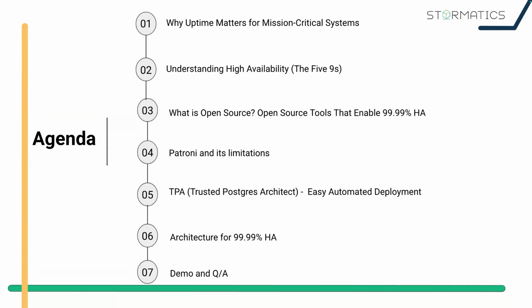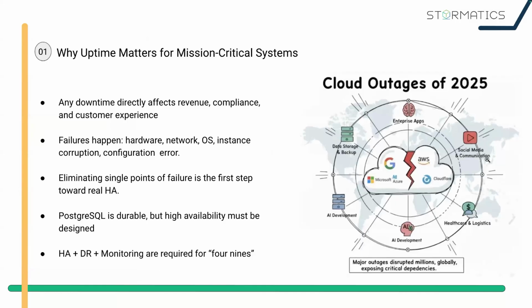After that, we'll discuss Patroni, TPA, some of the limitations of Patroni, and then we'll walk you through an example architecture followed by a live deployment, and then we'll have a Q&A session. So let's get started.